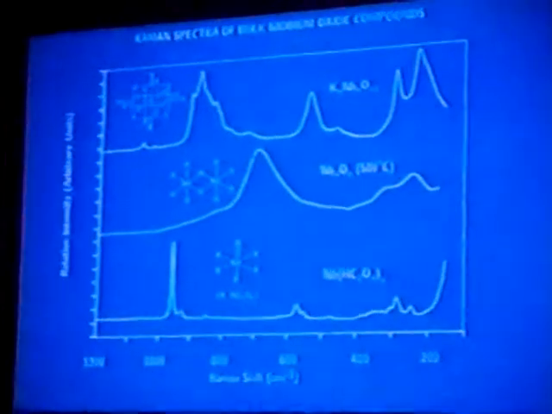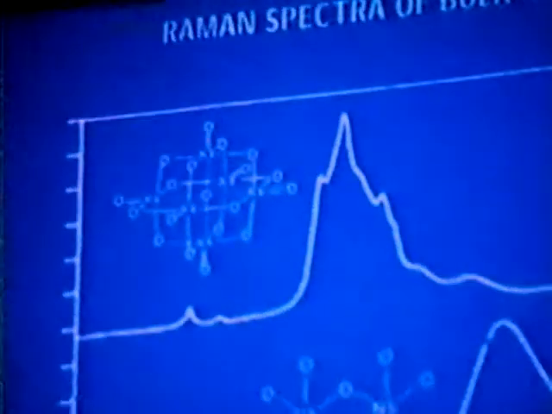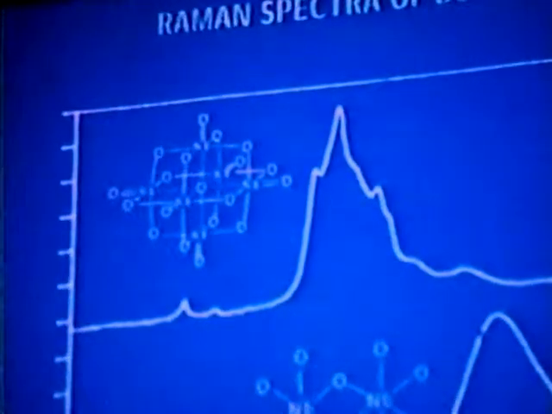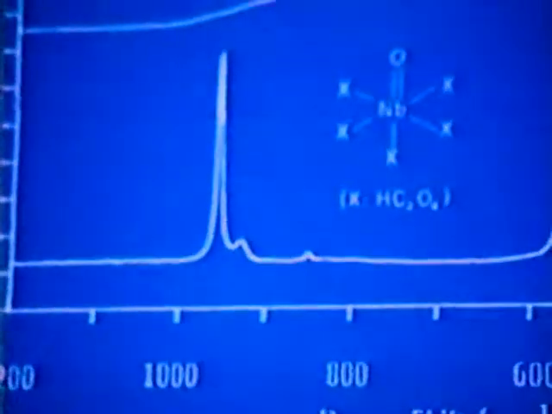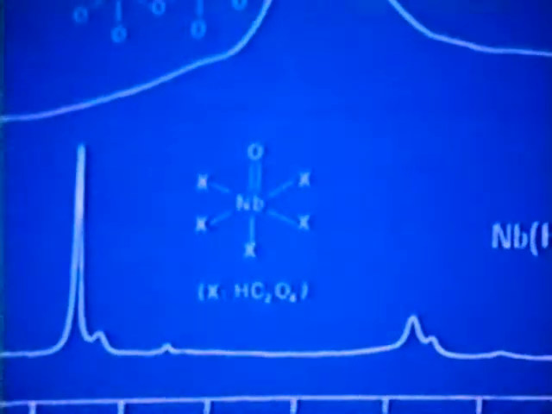We use Raman spectroscopy to characterize the niobium oxide compounds. Basically, the Raman spectrum is divided into 3 regions. The high wave number region from 800 to 1200 is characteristic of the niobium-oxygen terminal double bond stretch.